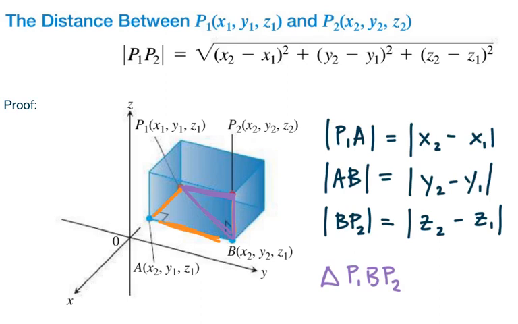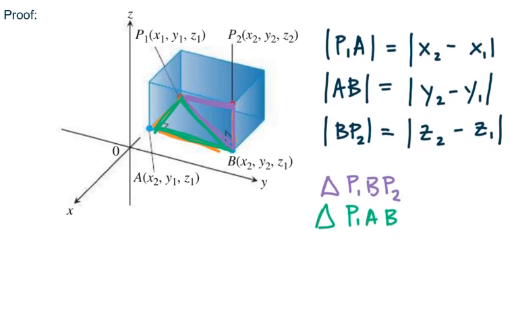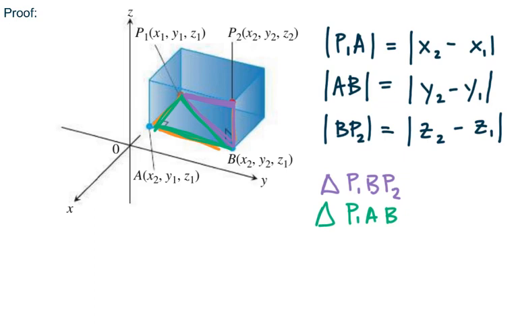We also can visualize a triangle from P sub 1 to A to B. So I have these 2 right triangles. One lays on the base, and one is diagonally through the center, standing up vertically in this rectangular prism. So these are both right triangles, and because we have right triangles, we can apply our Pythagorean theorem.